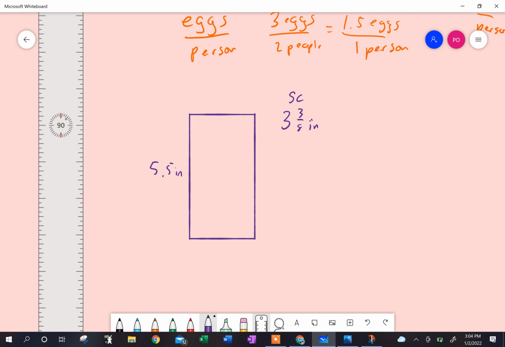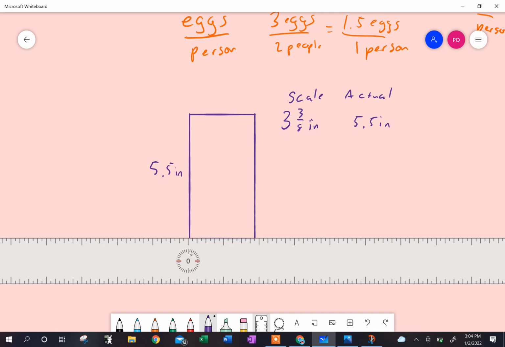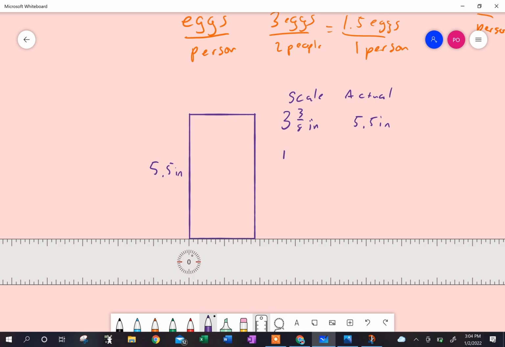And that's my scale. And my actual is 5.5 inches. So now I'm going to see how big it is on my scale. It looks like 1 7/8 inch.